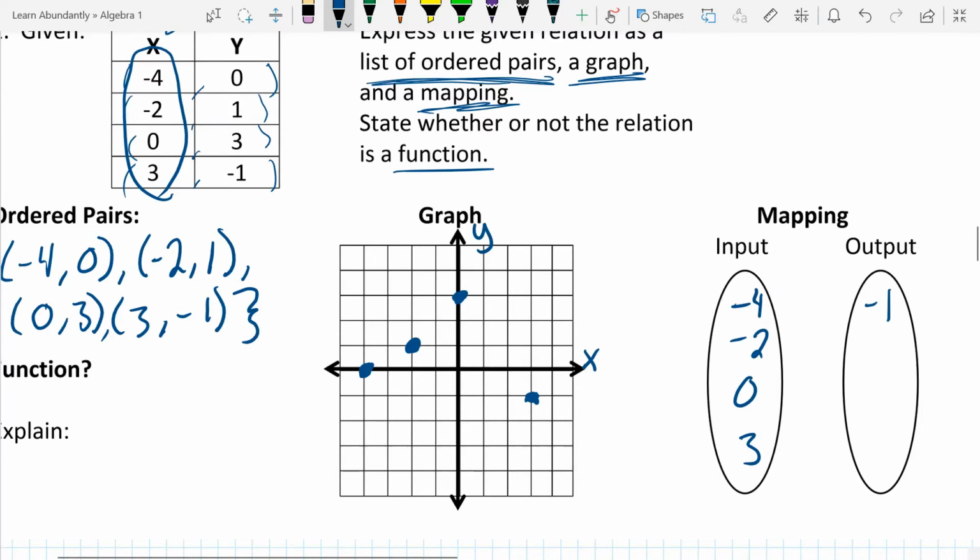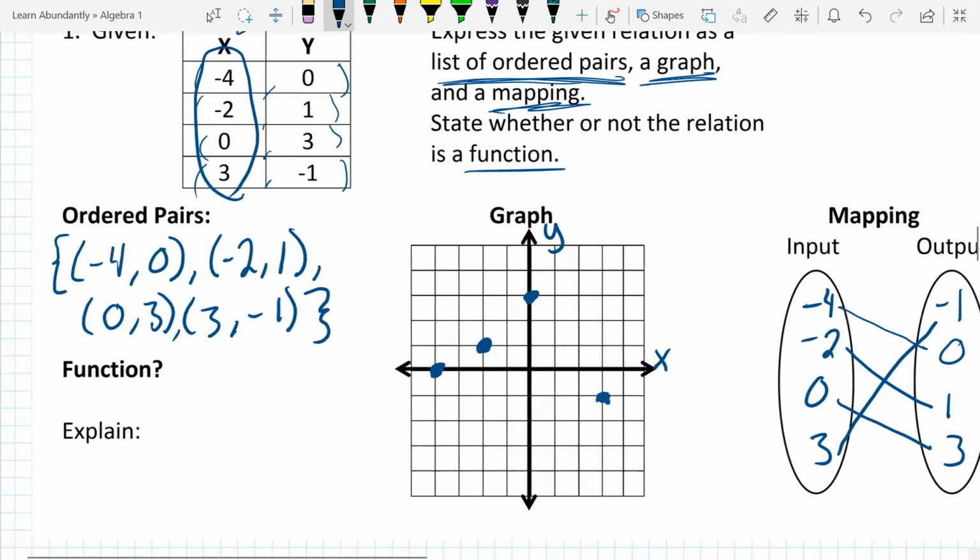I'm going to put 0, 1, and 3. Now I have to connect my input to the right output. So -4 goes to 0, -2 goes to 1, 0 goes to 3, and 3 goes up to -1. So I have 4 lines, and I'm done.